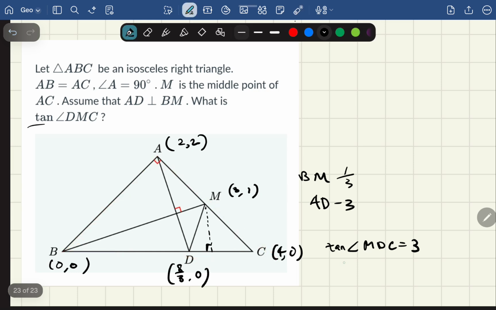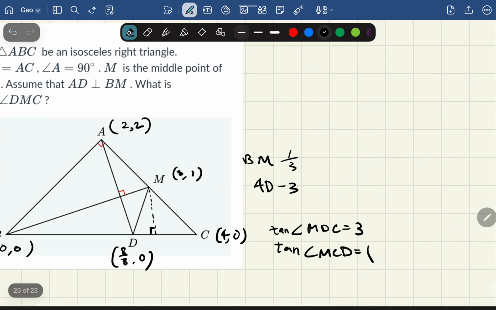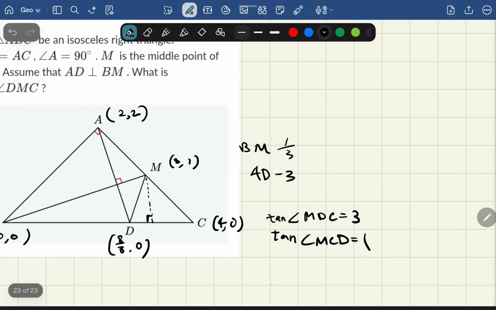So tangent of MCD is 1. And then we have that here. I'll just use alpha here and beta here. And then this is theta. So we know that alpha plus beta plus theta is 180 degrees.